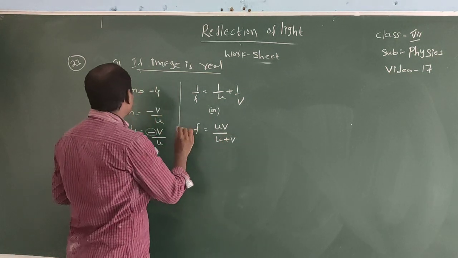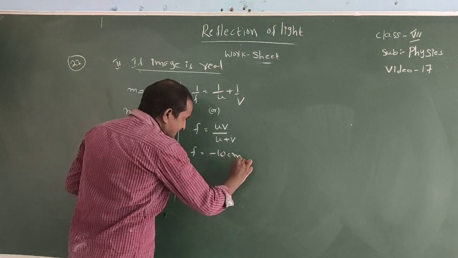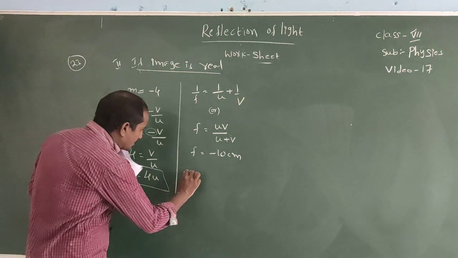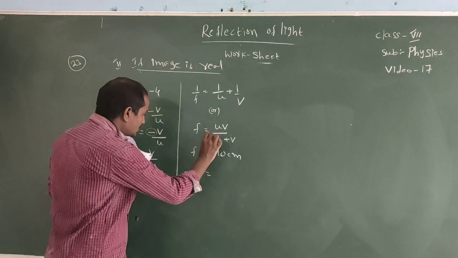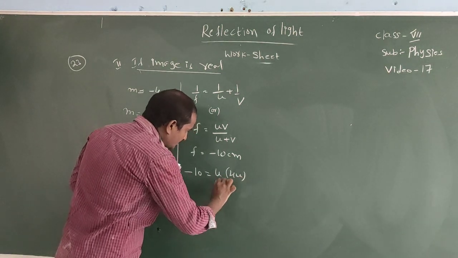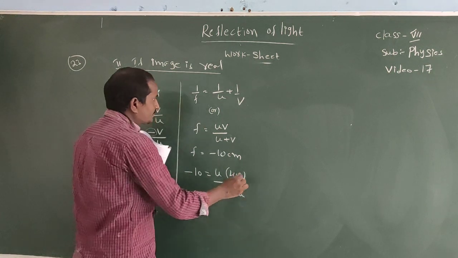F is given as the focal length, minus 10 centimeters. For concave, f is negative. Therefore minus 10 equals u into 4u by u plus 4u.